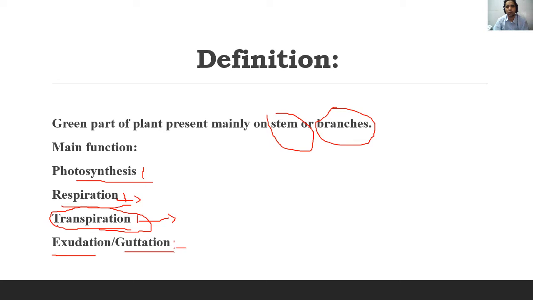We know that stomata are closed at night time. So when stomata are closed, the pressure of the root enables the hydathodes to open and release of water takes place. This phenomenon is called exudation or guttation.